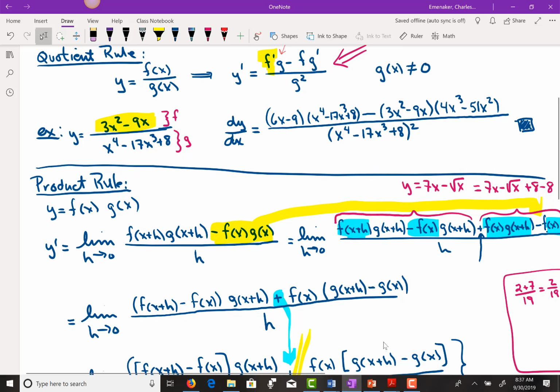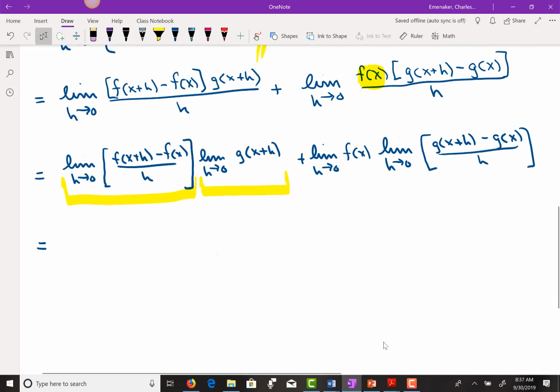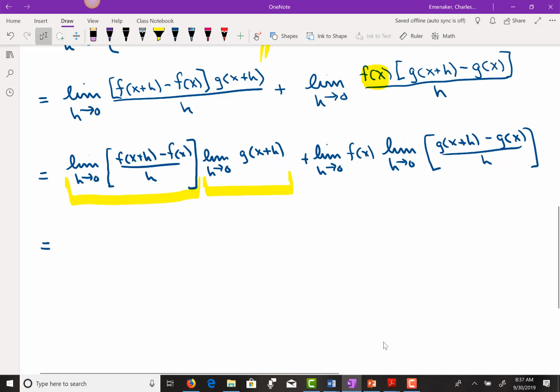I guess I didn't write it down earlier anywhere. Isn't that just the derivative of f of x? Oh yeah. This piece, this whole thing, is just the derivative of f of x. Okay, so we're going to have f, we're going to have its derivative.